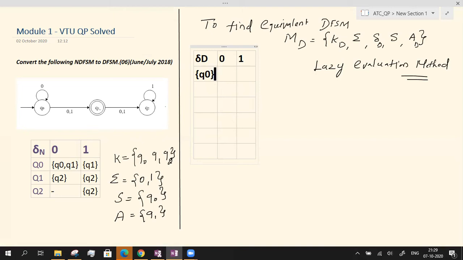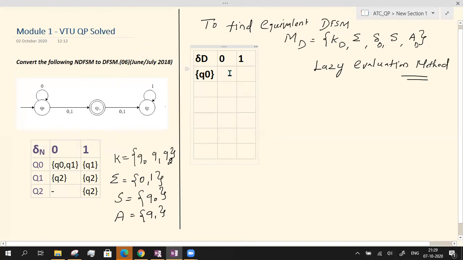Now, from the start state, we have to define the transitions on the input symbols 0 and 1. So to build the transitions of the DFSM, we have to refer to the transitions of the NFSM. So let us refer to the transition table of the NFSM here. From Q0 on reading 0, it goes to the states Q0 and Q1. That is what the NFSM transition table says.